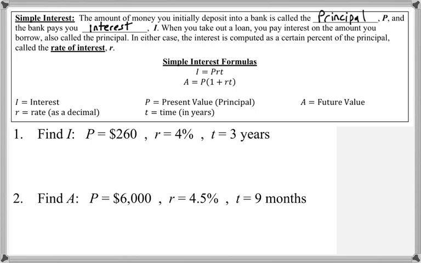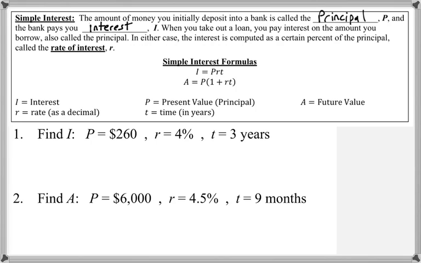Okay, looking at number 1, it says find I, and they tell us that P is equal to 260, R is equal to 4%, and T is equal to 3 years.